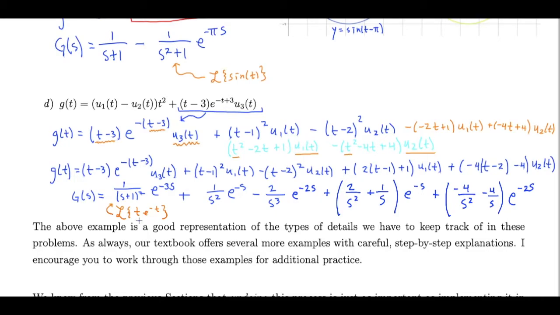We have a theorem that says if you have some function times an exponential, that yields a shift in the transform. So this is like the transform of t, but I've evaluated it at s minus negative 1 because of that coefficient there. Of course, I include the exponential term, which accommodates for the switch.